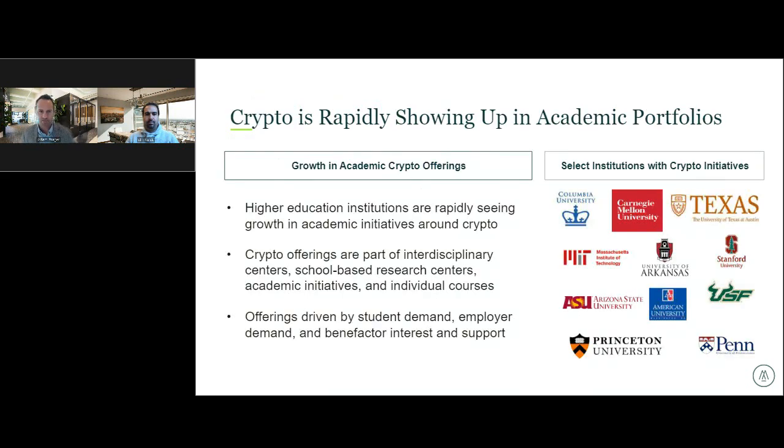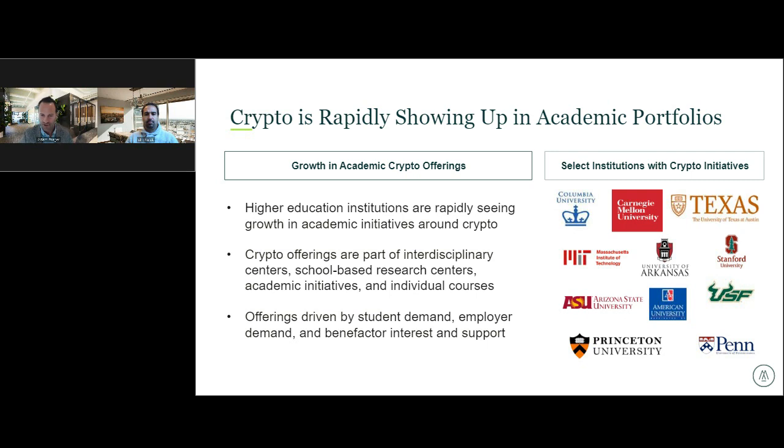In terms of where crypto is coming up in endowments, you can see on the right a smattering of large, generally well-endowed institutions that have announced that they do have an allocation to cryptocurrency. Some of these, particularly on the technology side, like MIT, for instance, maybe Stanford, Carnegie Mellon, have research centers on crypto.